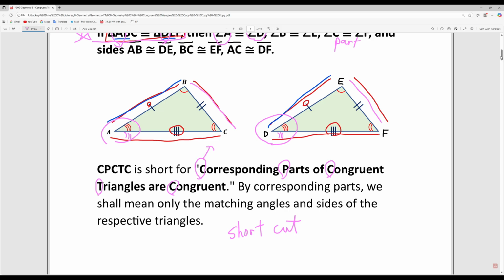So C, P, C, T, C is the shortcut for all those very long words. So CPCTC.